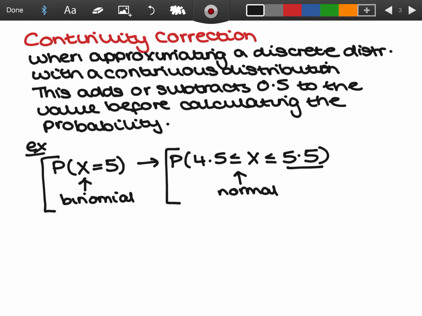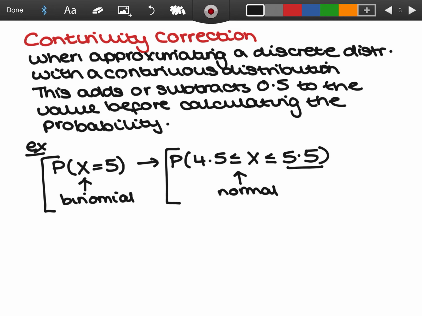So regardless of whether we take this as up to 5.499999 or up to 5.5, it doesn't make any difference, because the probability that it will equal exactly 5.5 doesn't exist. We need that range in there. So we take it anywhere between 4.5 up to 5.5. So when you have equality, you take all things that could possibly round to that value.